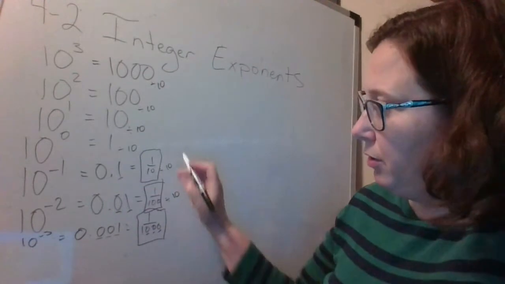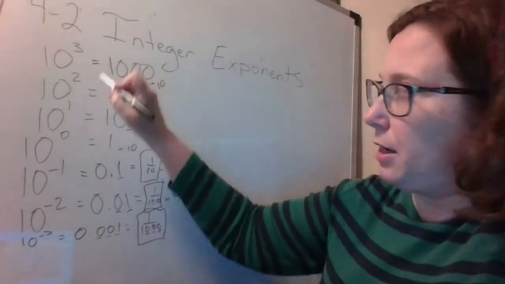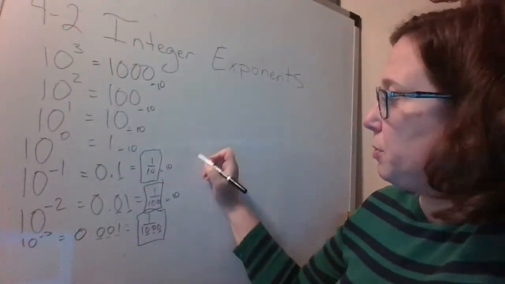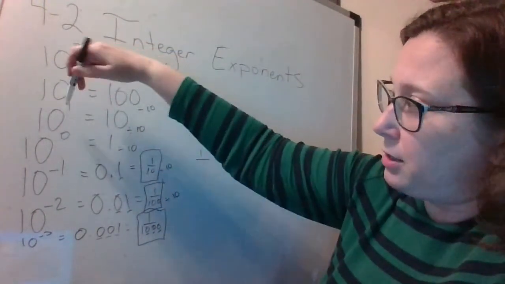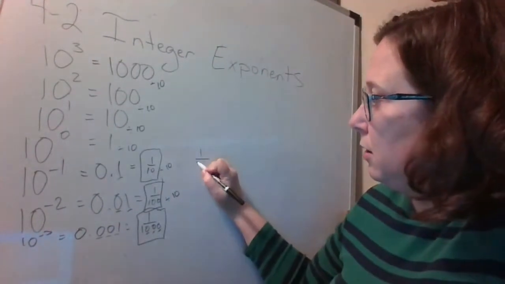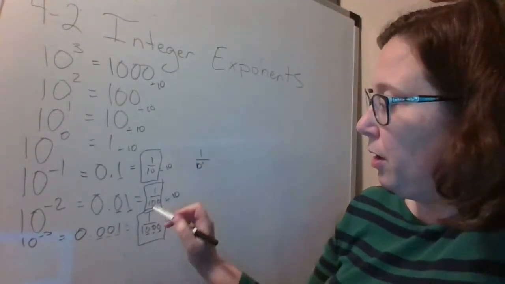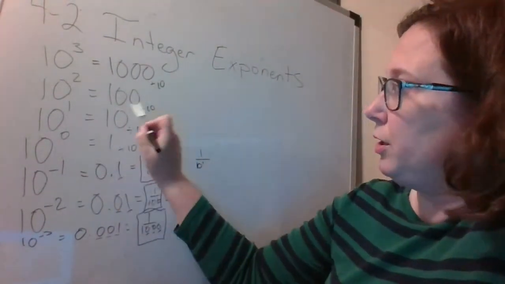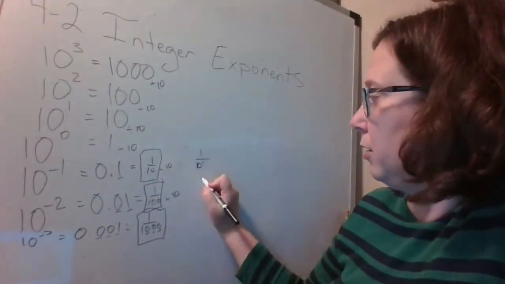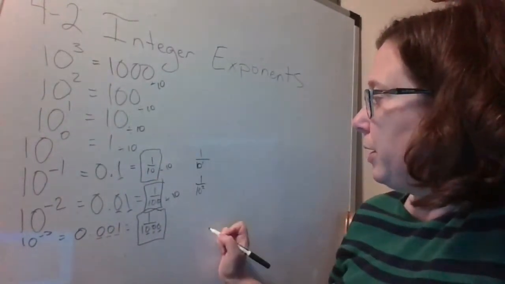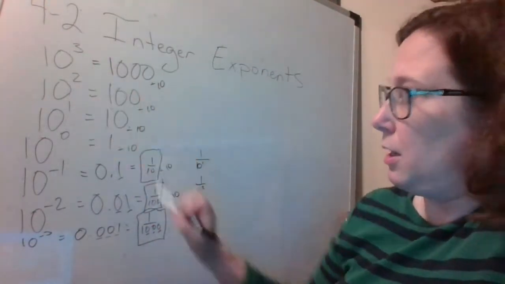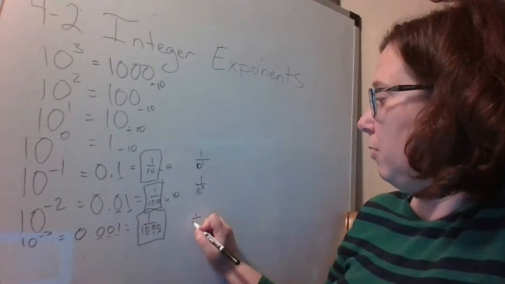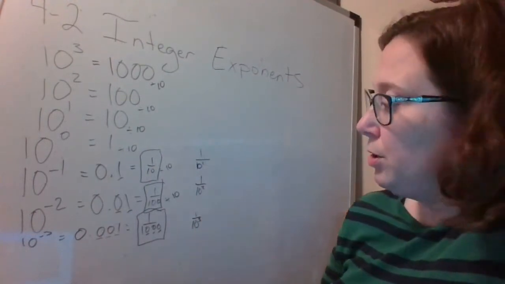You could also think of these fractions as having a positive exponent. So if we think about 10 with a positive exponent, that's 10 to the first power. If we think about 100, that's 10 squared. So we have 1 over 10 squared. Here we have 1,000. 1,000 is 10 cubed. So we'd have 1 over 10 cubed.